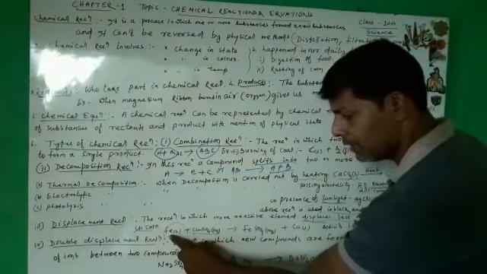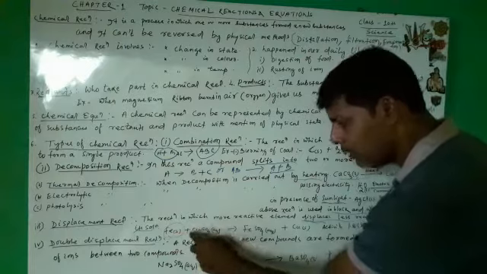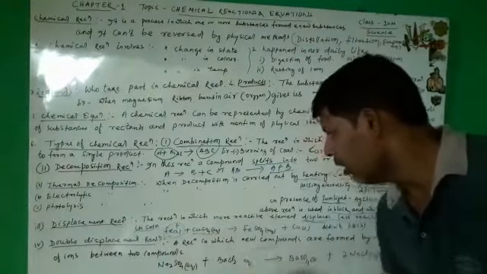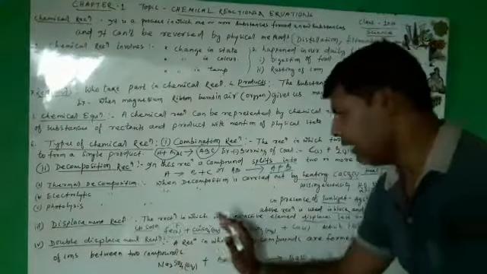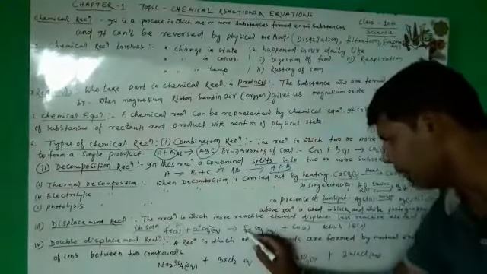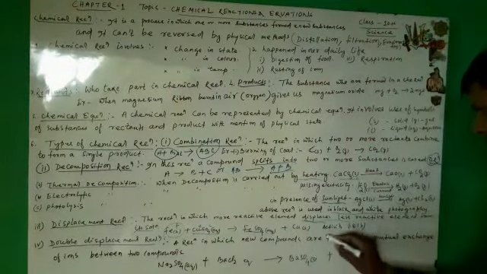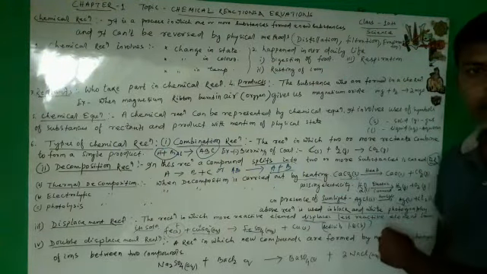Iron is the more reactive element, suppose, and it combines with copper sulfate. Copper is plus, SO4 is minus, and they are interchanged. It gives FeSO4, ferrous sulfate aqueous solution, plus copper. Also this diagram is given in your NCERT book, activity 1.8, section B.